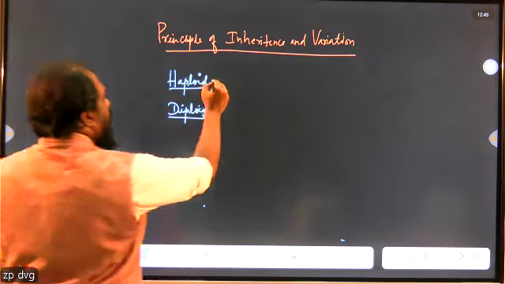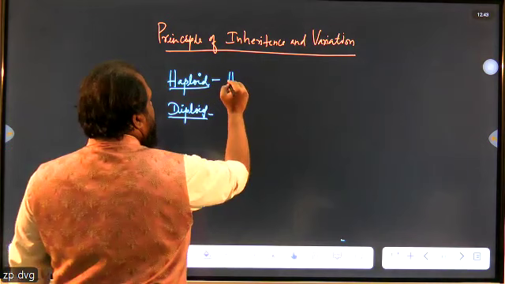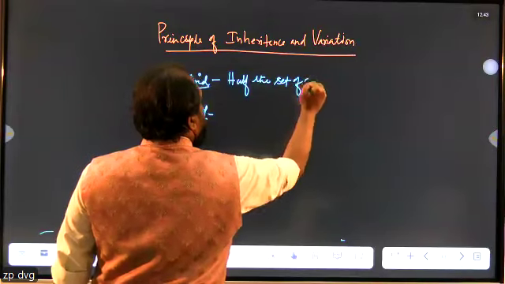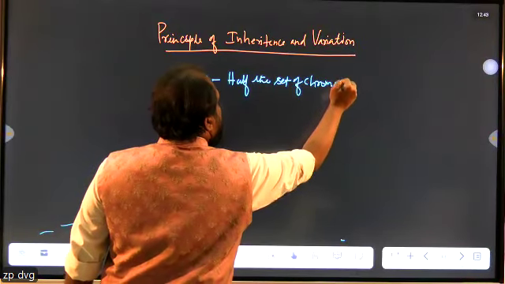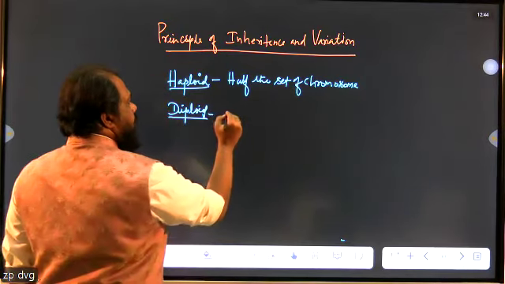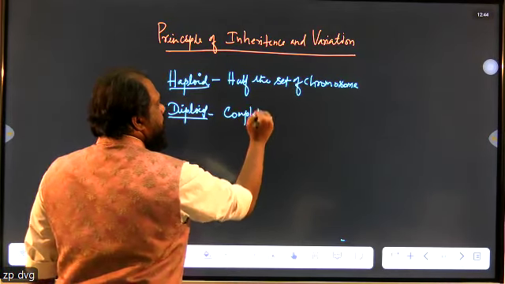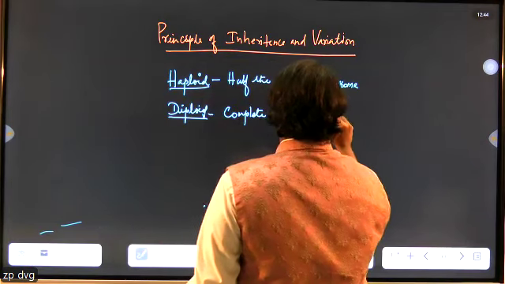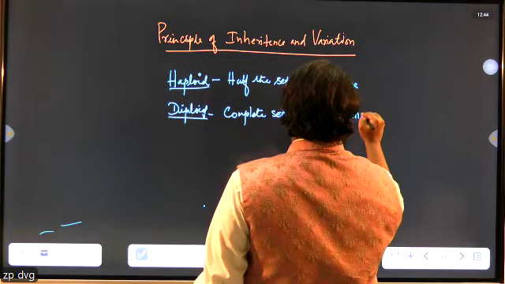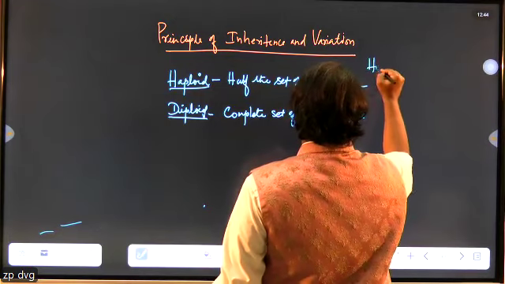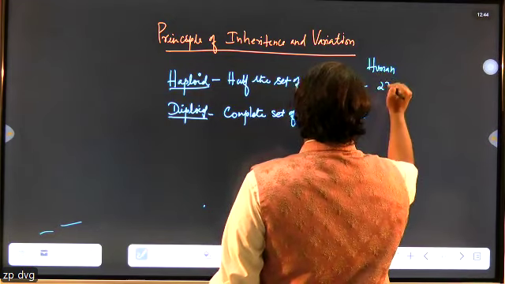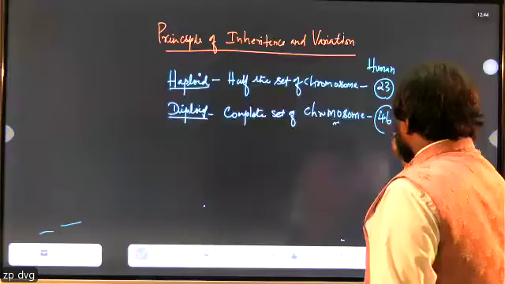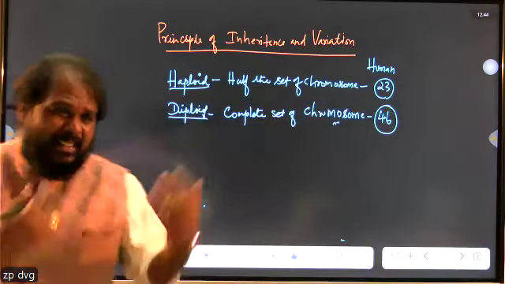Haploid condition is half the set of chromosomes, and diploid is the complete set of chromosomes. So, for example, in human, when I say 23 chromosomes, then it becomes haploid. But when I say 46 chromosomes, it becomes diploid. Understood? So this everybody knows.